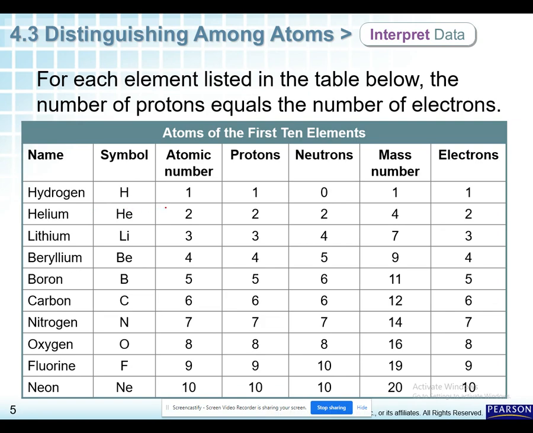Helium's atomic number will always be 2. And since atomic number equals the number of protons, notice how these first two columns are always equal to one another. Another example is oxygen. Its atomic number is 8, and its number of protons is 8 as well.